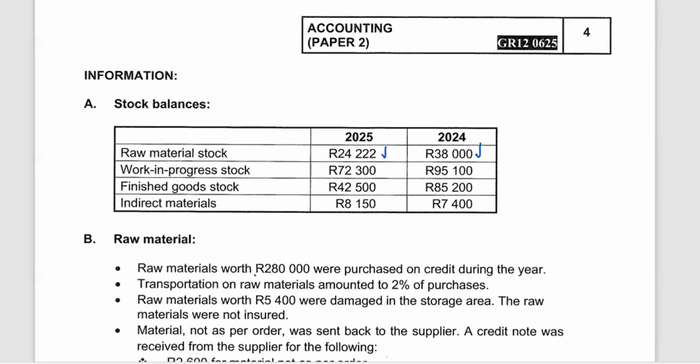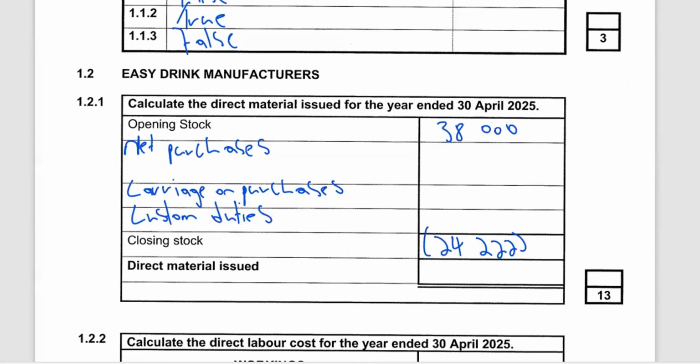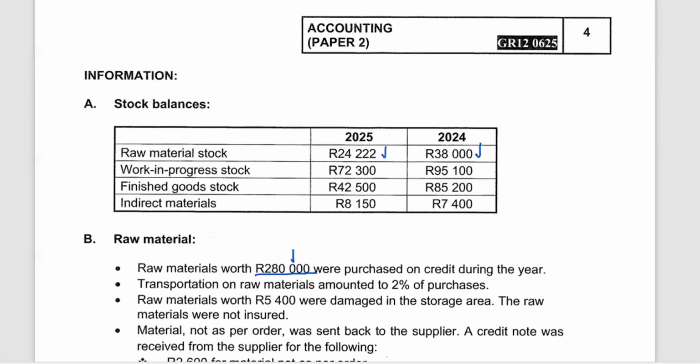Raw materials worth 280,000 were purchased on credit during the year. So this is our first purchase. So here under net purchases, we have 280,000. Transportation on raw materials amounted to 2% of purchases.